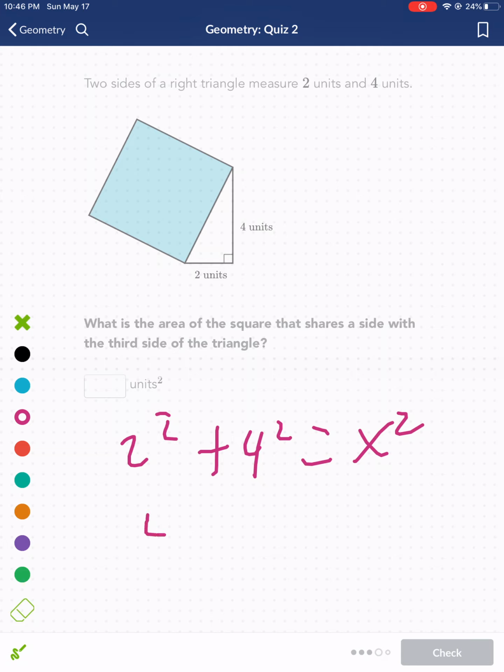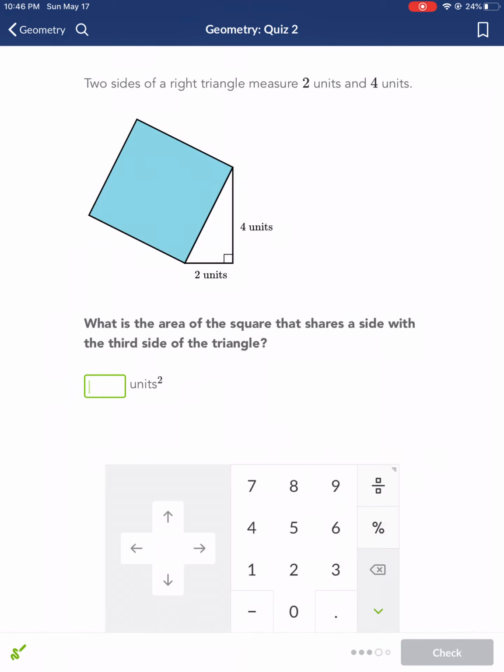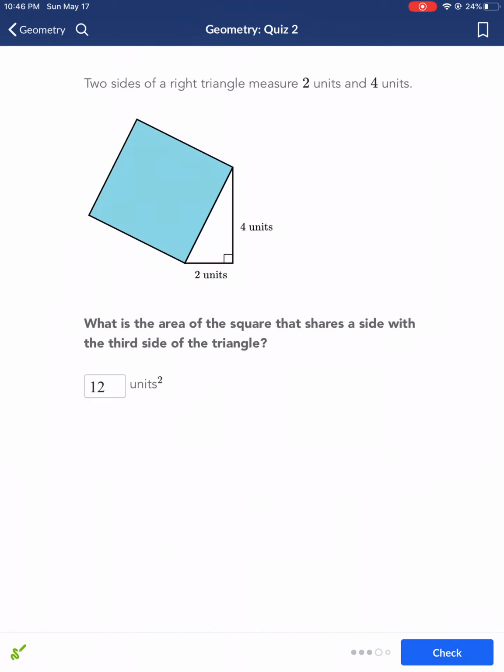So if we had 4 plus 8 equals x squared, that would be 4 plus 8, 12. So it would just be 12. We wouldn't take the square root of 12. The answer would just be 12 because it's the area.